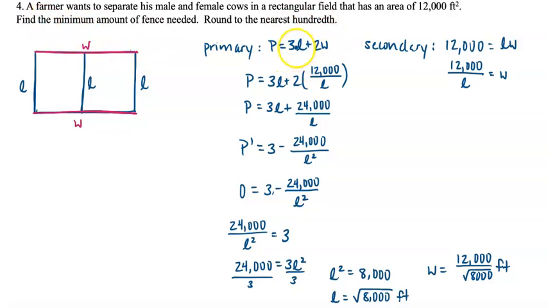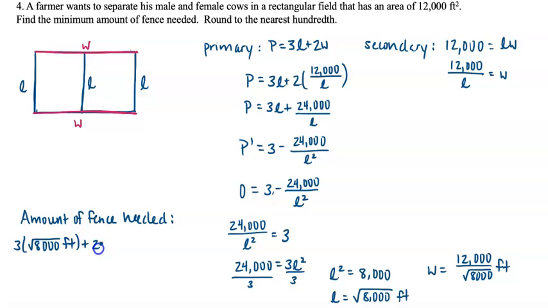So that's the amount of fence needed. And so our final step of this problem is the amount of fence is going to be 3 times that length plus 2 times this width.